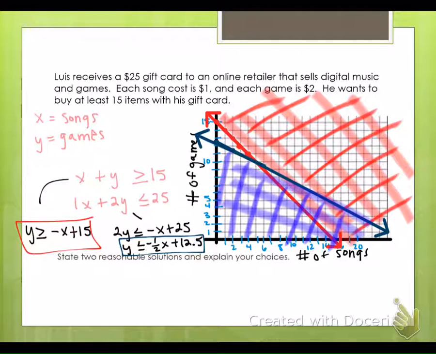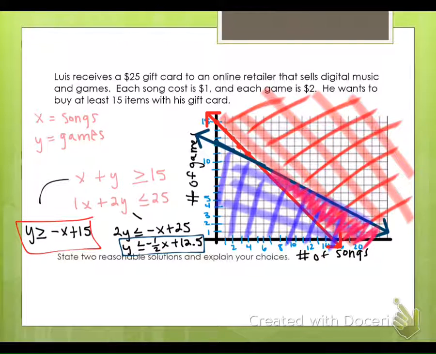So you'll notice the overlapping region is there. Sorry, I'm going so fast, the bell's going to ring soon. So this right here is your overlapping region. When we're talking about a solution to this, it has to be anything in that overlapping region.